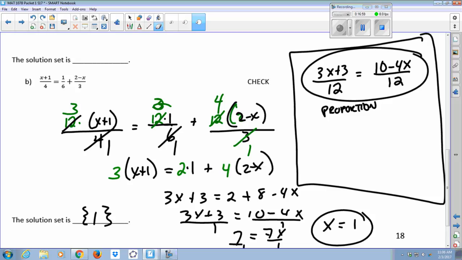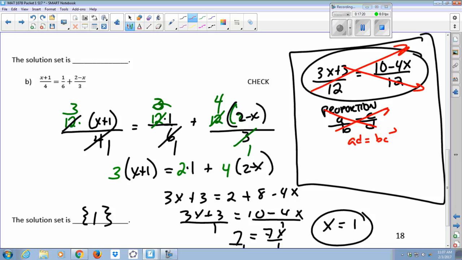There we go. A proportion always looks like this. And the easiest way to solve a proportion, notice it's an equation, it's not a multiplication problem, is to use this cross product idea that AD equals BC. So some of you could have solved this by just doing your cross products. That's just another way around this.